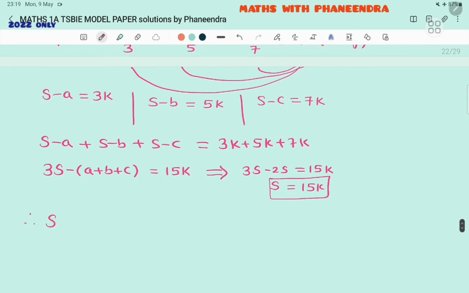Therefore S minus A is equal to 3K. S value is what? 15K minus A is equal to 3K.